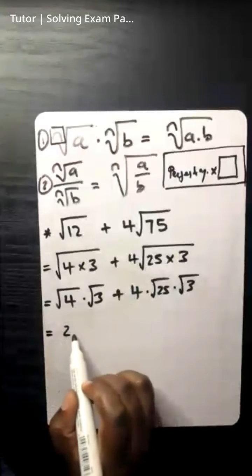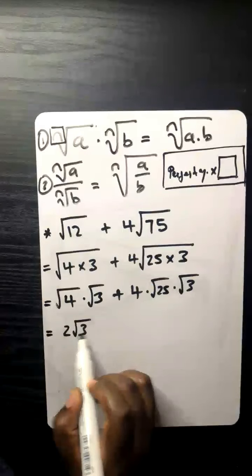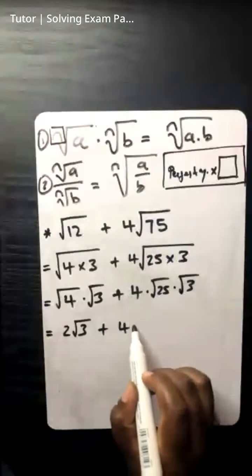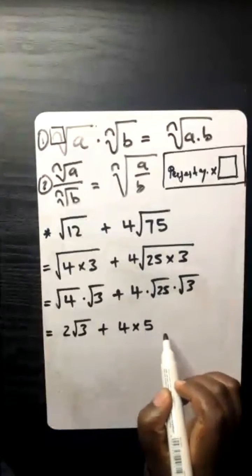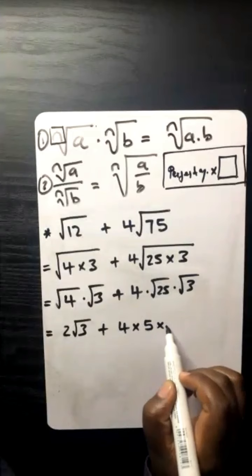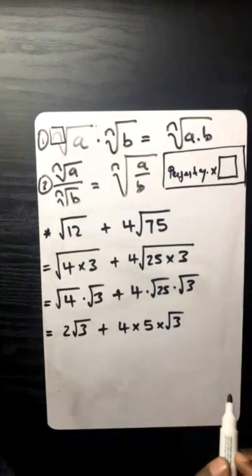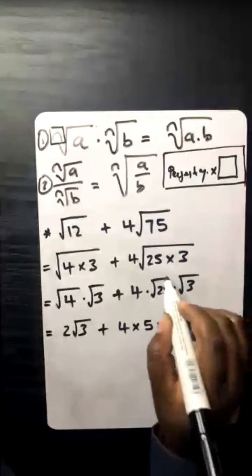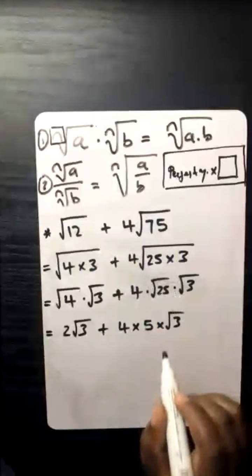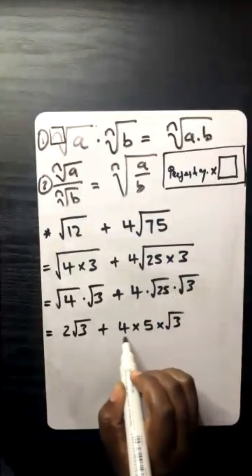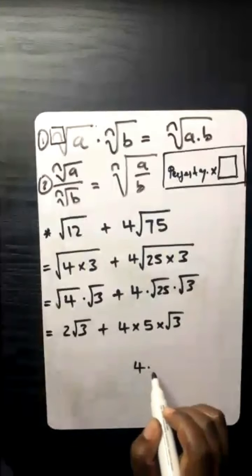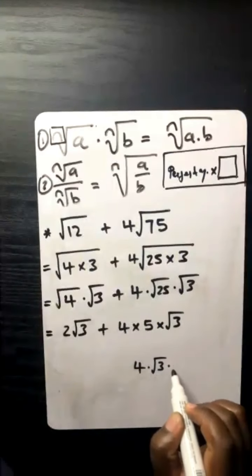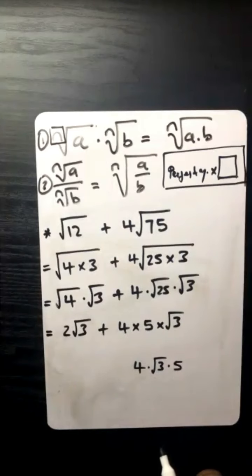You can just write it as 2 and say square root of 3 plus you have that 4 over there is being multiplied by square root of 25, which is 5. This is multiplying square root of 3. So can you see, Ntando? It's better when you start with a perfect square because it gives you 5, which multiplies directly the coefficient. Otherwise, you end up having that square root of 3, that 5. Can you see?